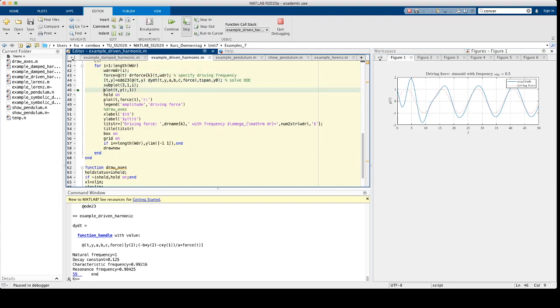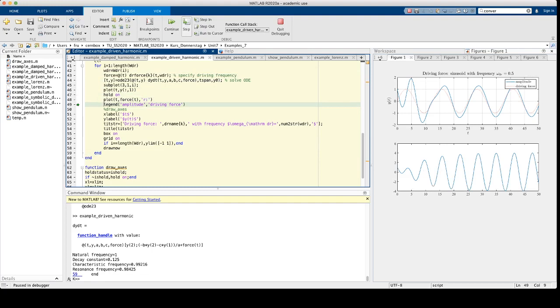So now we have a different driving frequency. In this case, the driving frequency is just the resonance frequency, and this means that we have the largest amplitude. You see that the amplitude is now much larger than before.